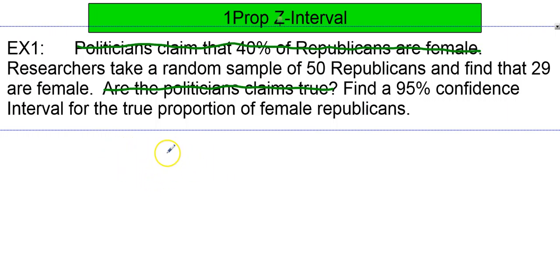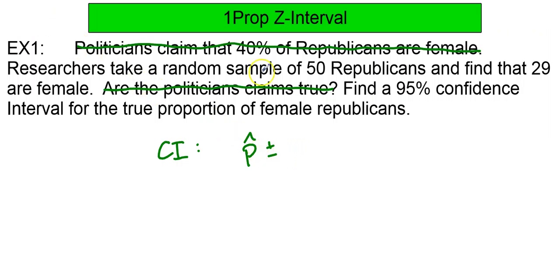All right, if you remember, confidence intervals are going to be centered around whatever your sample proportion is, so your p hat, and we're going to go up and down a certain amount. In this particular case, we're going to go up the amount that's specified by Z star, so the critical value here, times the standard error of our p hats.